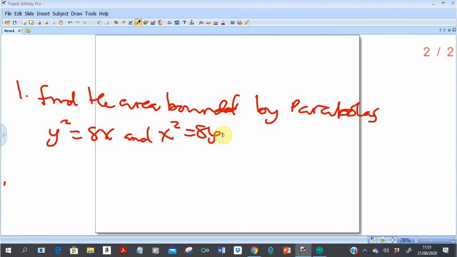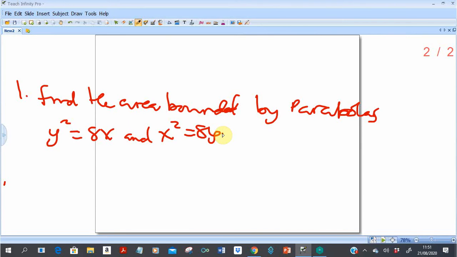So here, the first thing that we need to do is to find the intersection points because we don't know the intersection points.